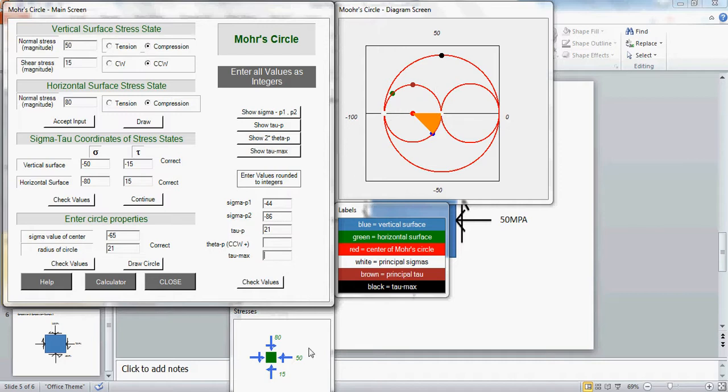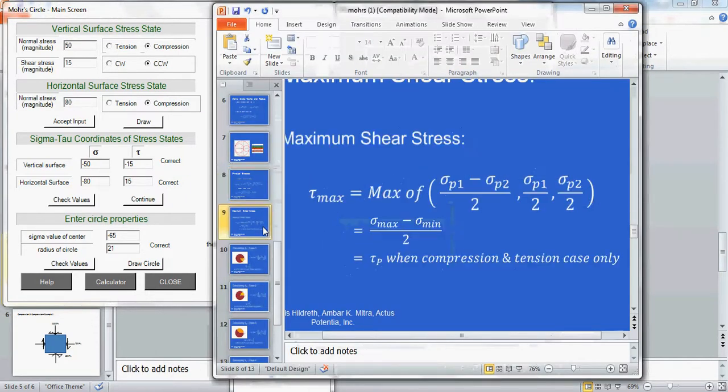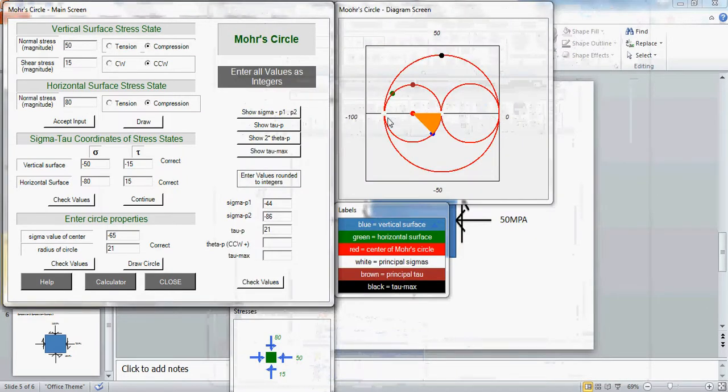Here I'll show you the equation. Sigma max minus sigma min over 2. So your max is 0 and your min is negative 86. Divide by 2. That will come out to be 43.